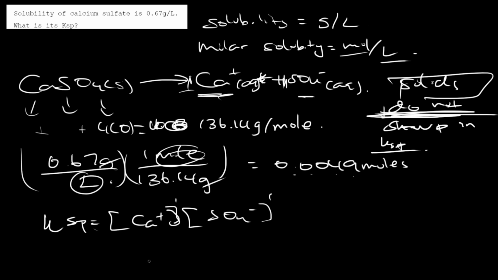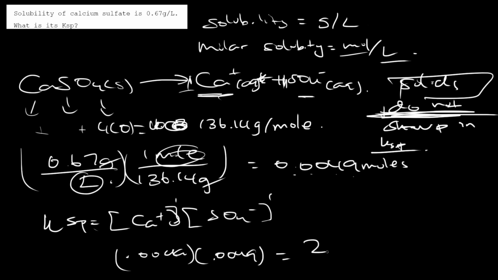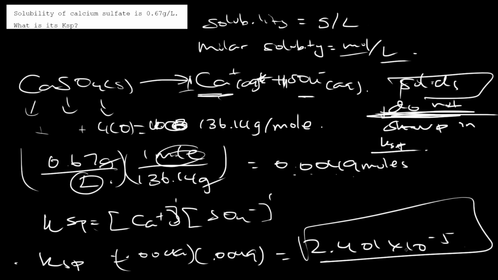So you just plug in 0.0049 times 0.0049, which is 0.0049 squared, and the Ksp value is 2.401 times 10 to the negative 5. Well, ain't that freaking easy?